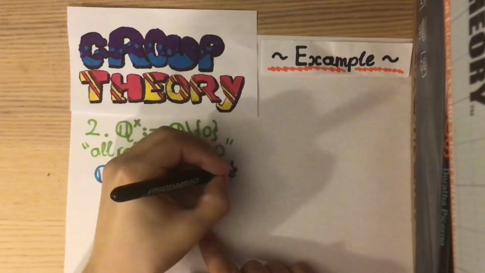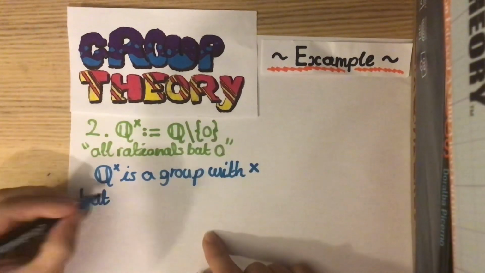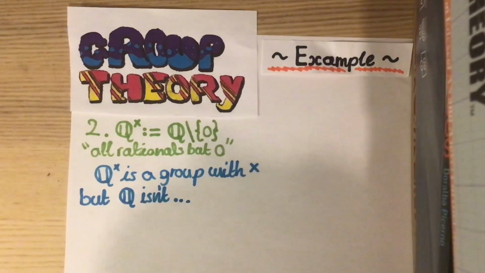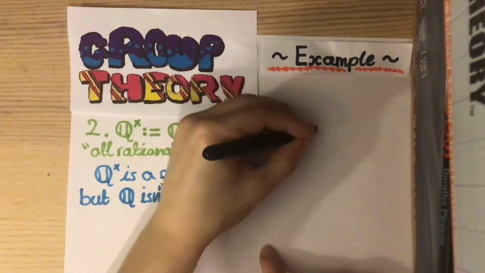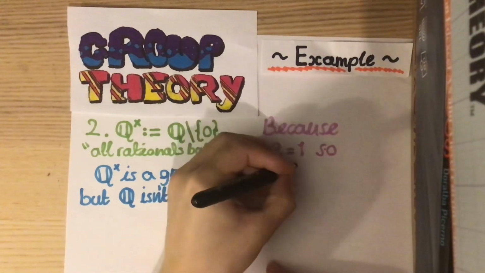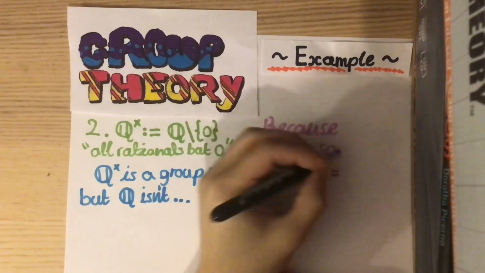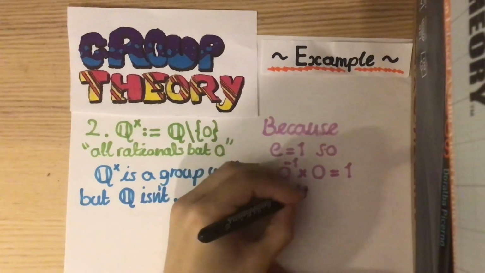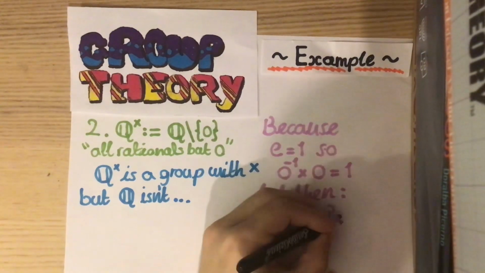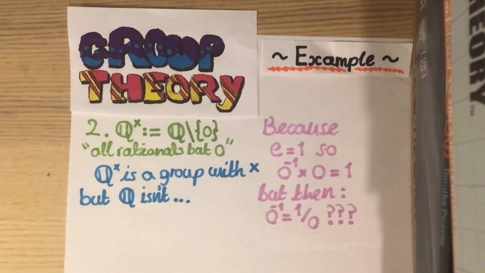And can you see why that would form a group? But here it gets interesting, just the rational numbers themselves don't form a group. The reason for this being, of course, 0 is in the rational numbers and the identity is 1. So when we try and work out the inverse of 0, we get 1 divided by 0, which of course is not a rational number, it's not even a number at all.